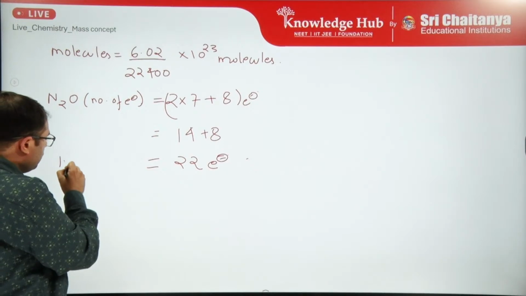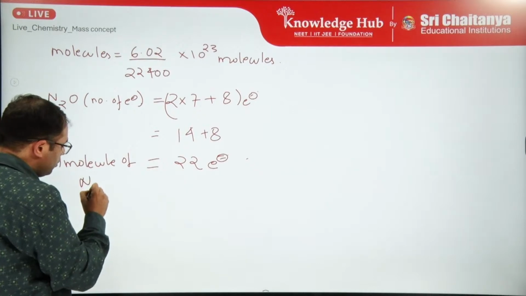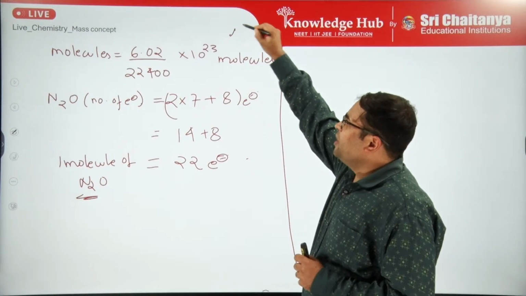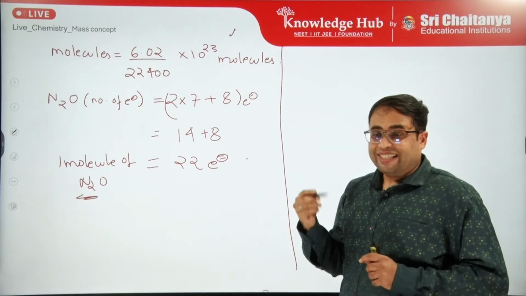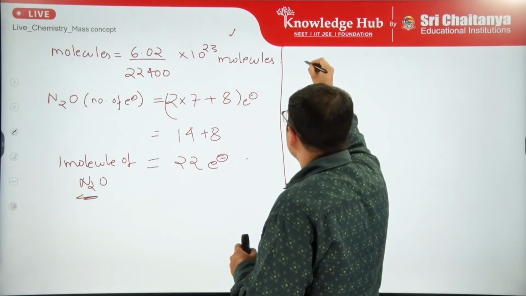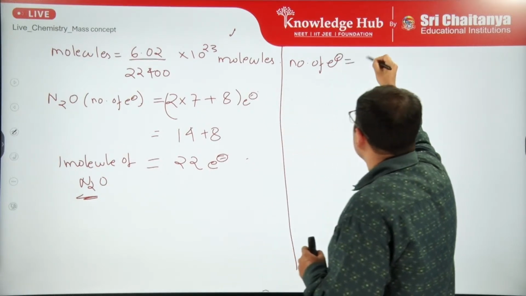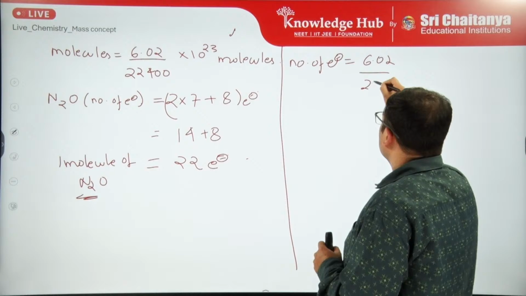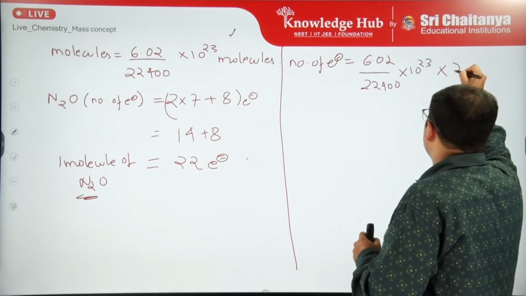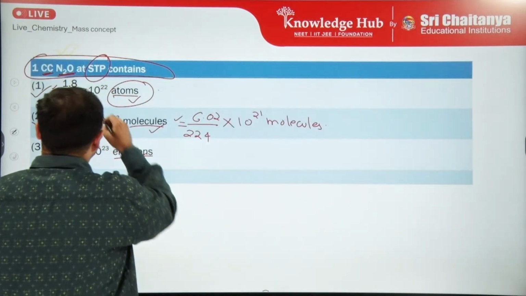This is for one molecule of N2O. So how many molecules do we have? These many. So if one molecule has this much, then these many molecules will have how many? Simply the number of electrons will be 6.02 into 22400 into 10 raised to power 23 multiplied by 22. If you find, this answer will come exactly as given as this.